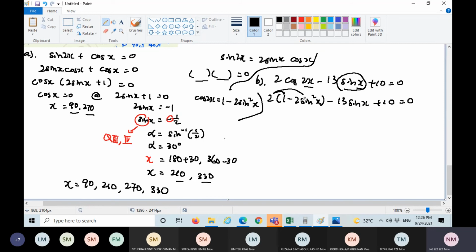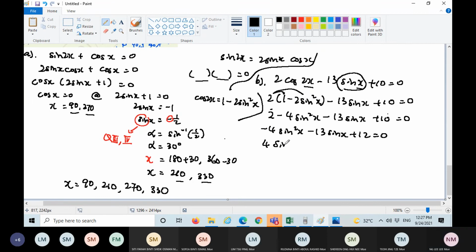Okay, expand. These 2 and the 10 can combine. This is 12. Then I don't like the negative for the first term, so I multiply every term by negative, so it becomes 4 sine square x plus 13 sine x minus 12.